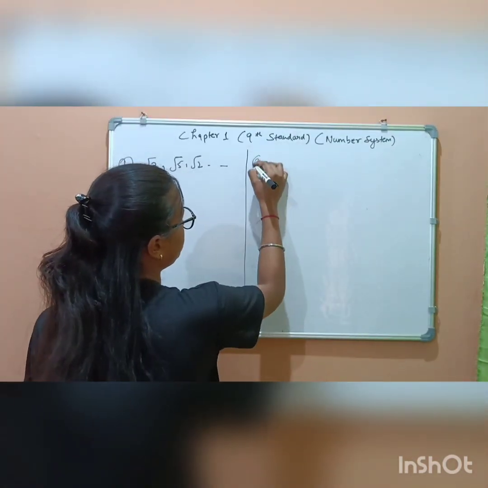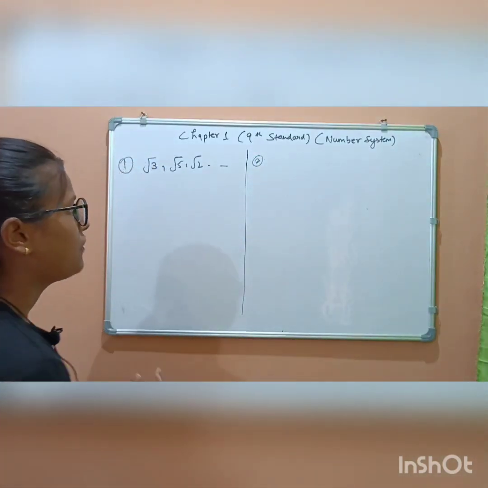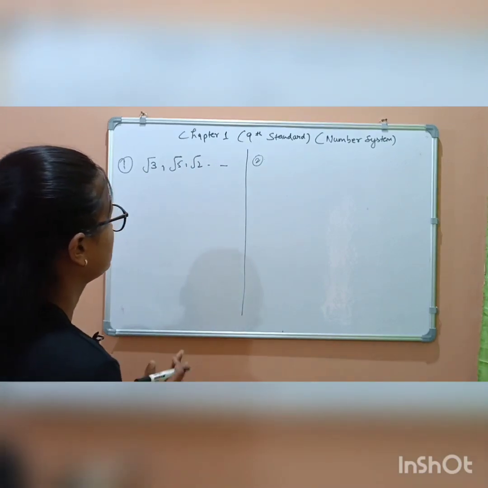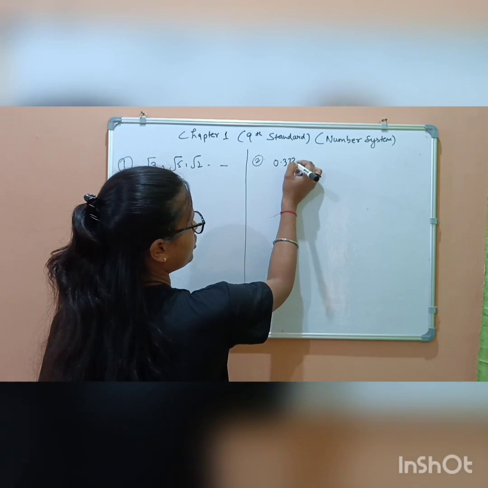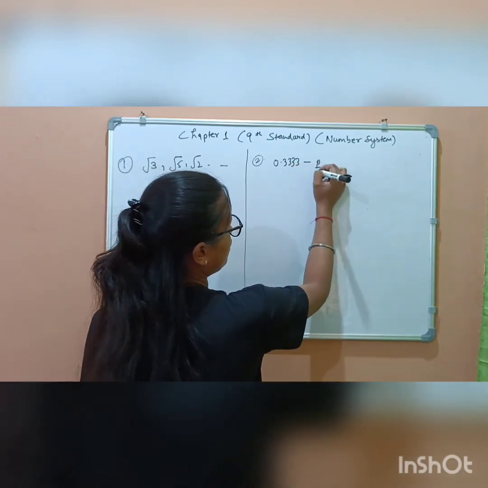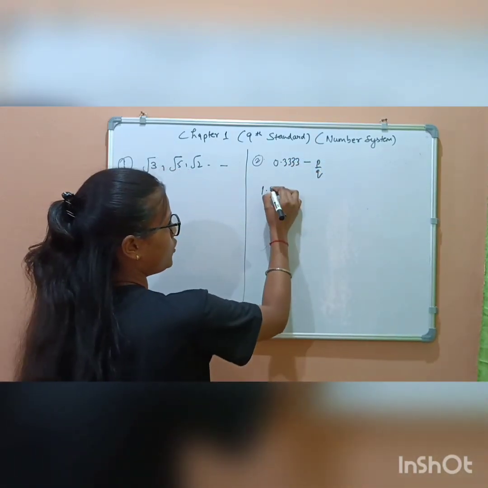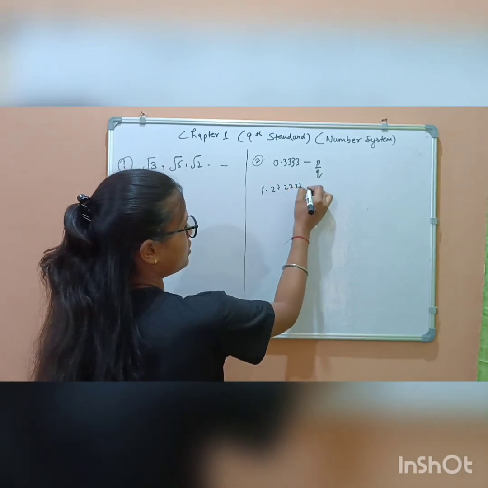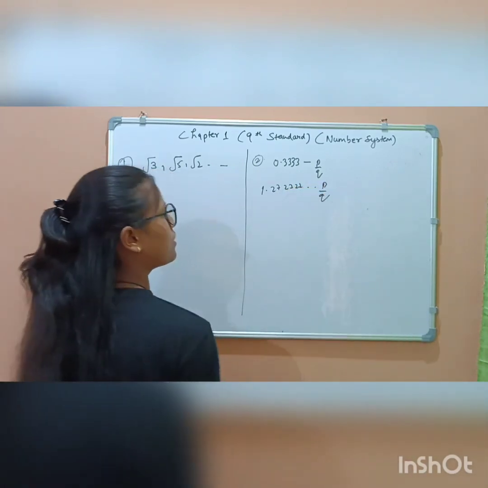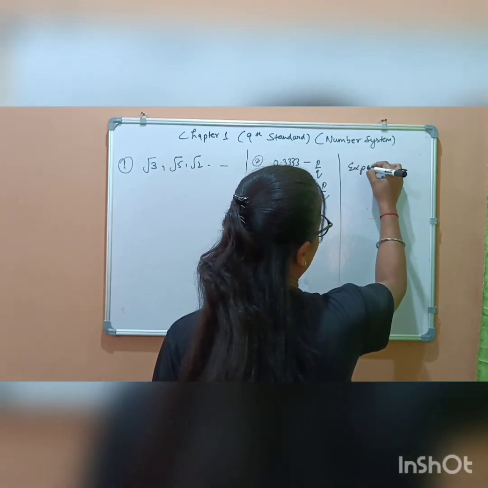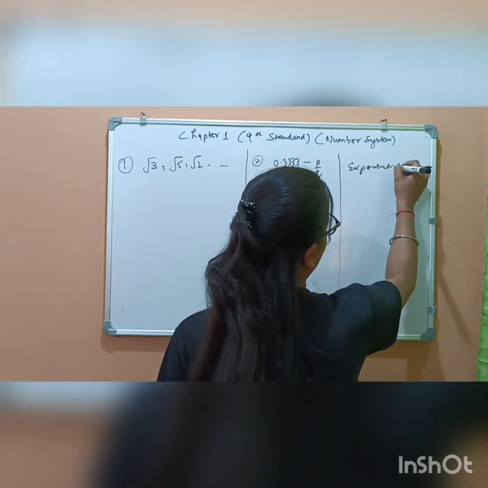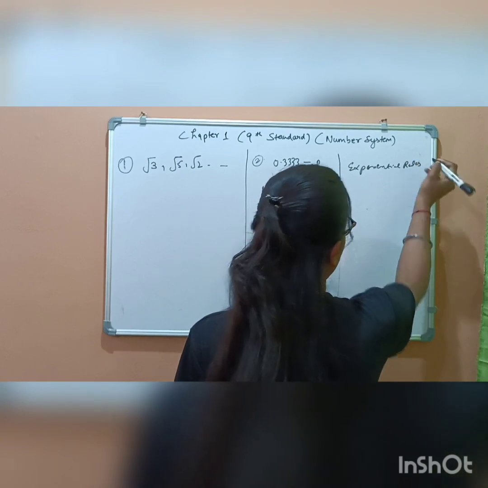Second point, you have to learn how to represent 0.3333 in P by Q form or 1.272727 in P by Q form. And third one is exponential rules. These three things you have to study in this chapter.